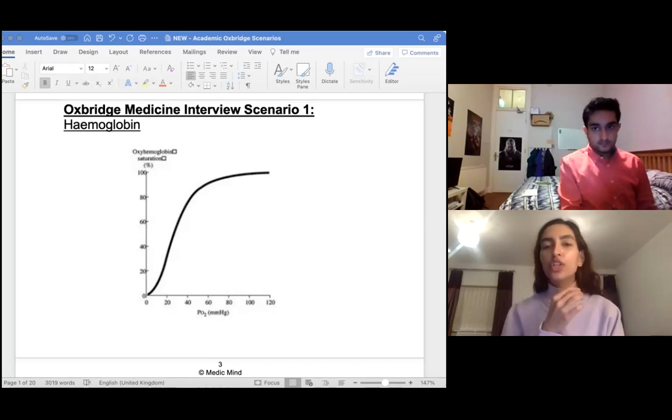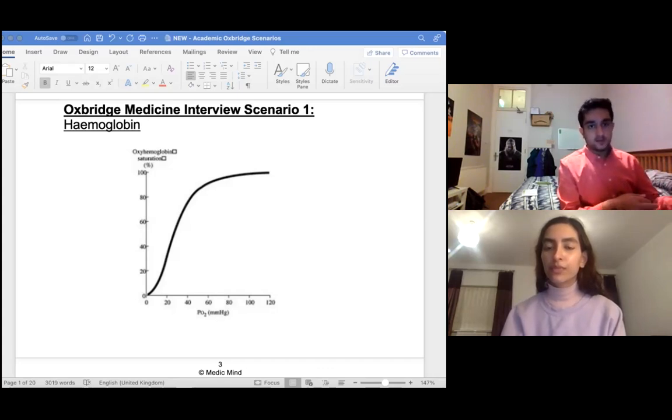So how would you describe or draw the effect of carbon dioxide on the shape of the graph? I think with carbon dioxide, the curve will move to the right, because carbon dioxide competes with oxygen for the hemoglobin, and because carbon dioxide has a higher affinity to the hemoglobin than oxygen, it will bind more strongly to it.